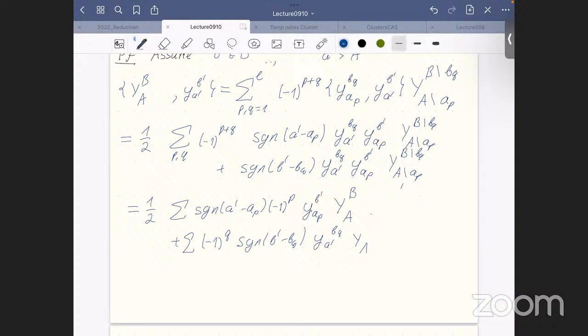So here should be A, here A without AP, but with A prime. And here will be opposite. A, B without BQ. Yes. So I look at one of the sums as a decomposition of the determinant with respect to a row.